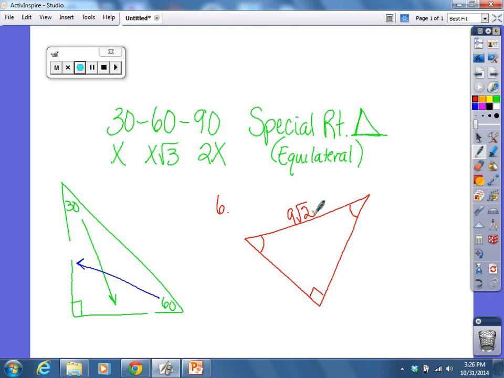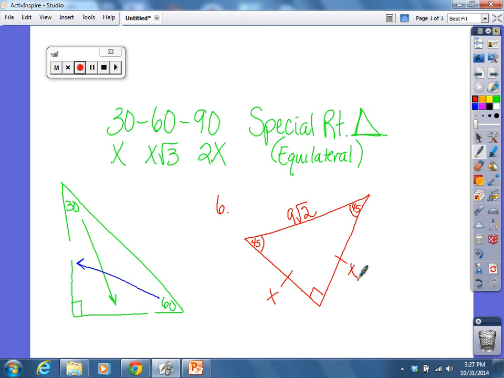If my two base angles are the same, that means my two sides are the same. Also, if those two base angles are the same, then 90 degrees minus 180 is 90, so they both have to be 45. So you can think of it either way. You can back your way into 45, or you can know that once your base angles are the same, it's the converse, your sides are the same. So these are both x, and this becomes a 45, 45, 90 triangle.